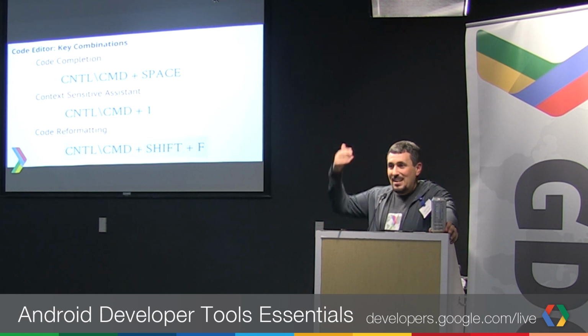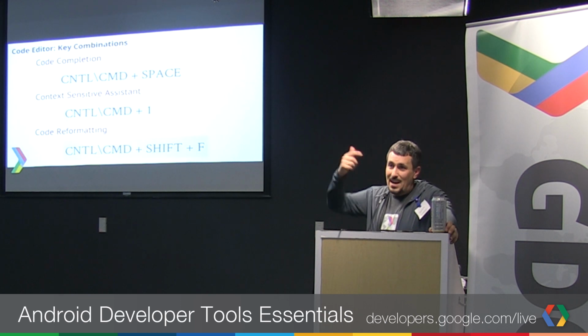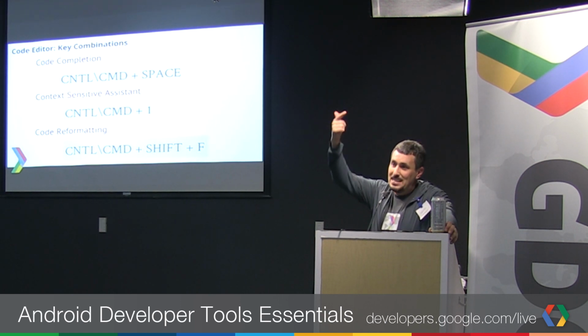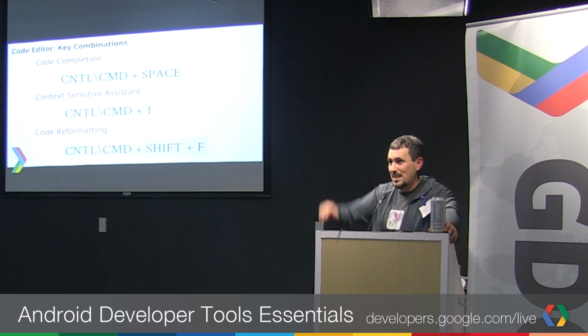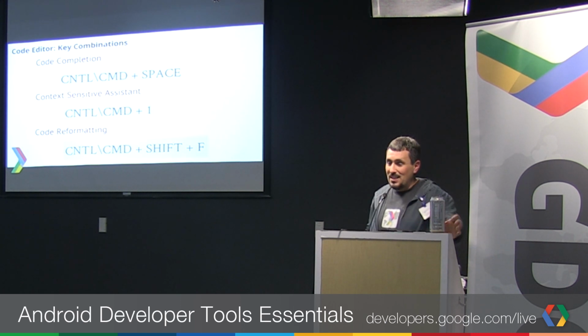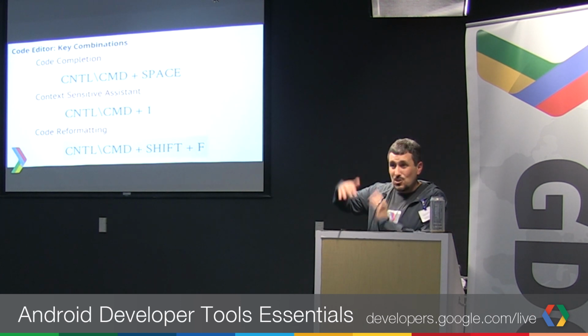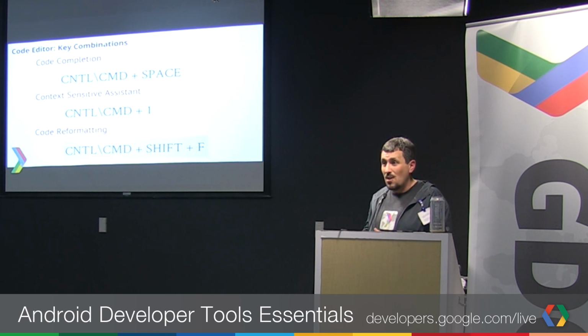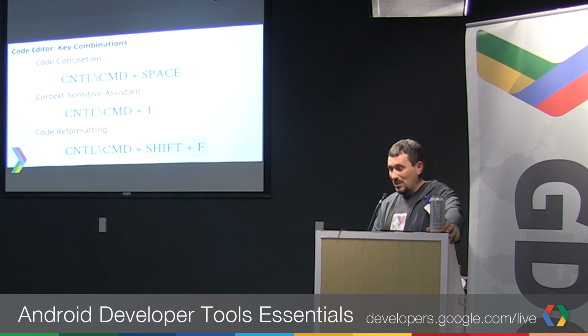Generally you want ID, width, height to be the top attributes, and there's an order that you want your attributes in, and if the coder's not careful, the attributes are all out of order. Command-Shift-F will reorder all the attributes so that they are in exactly the order that the Android design standards specify. And if you don't like that order, you can specify your own. So Command-Shift-F is really useful in both Java and XML to ensure that your formatting is consistent with Android, and also consistent across your entire project.